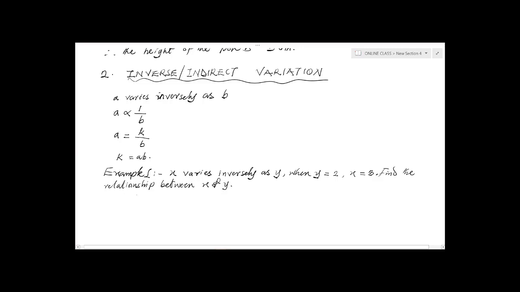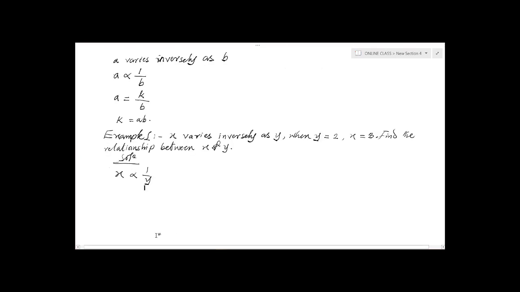So easy. You just say, solution here: X varies inversely as Y. Then the next thing is to change that to K, X equals K over Y. Then we change the values.